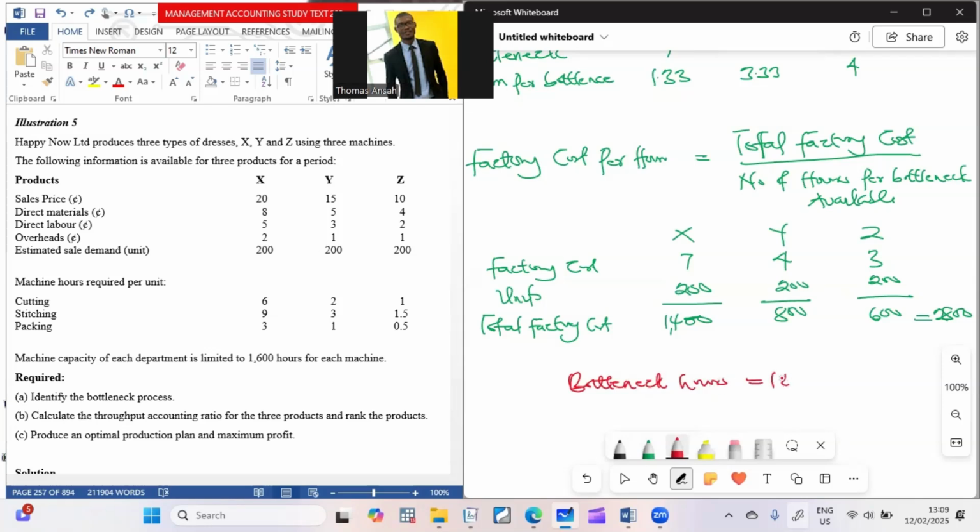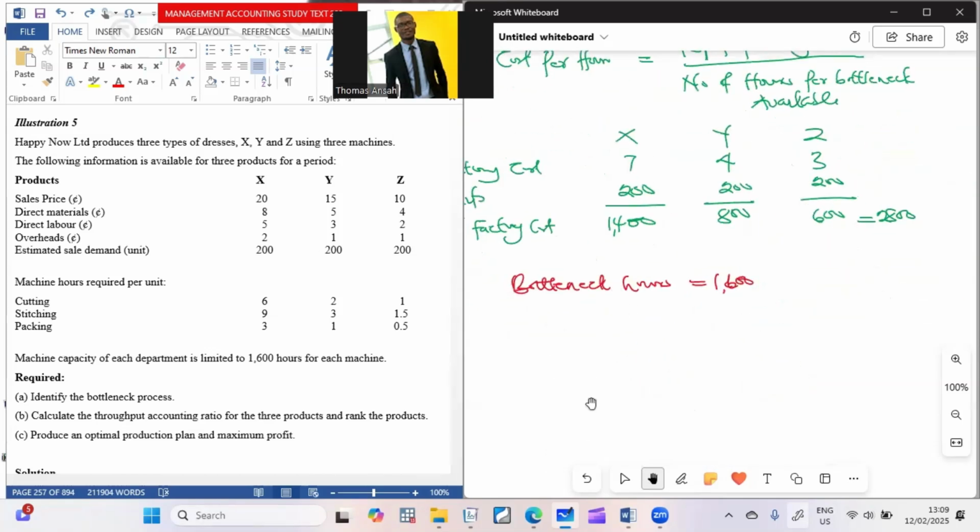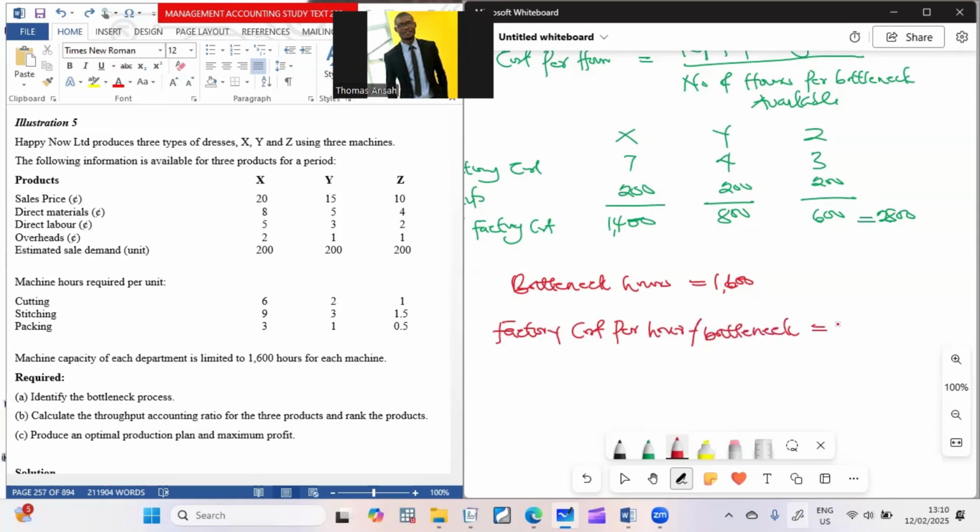is 1,600. And so therefore, the factory cost per hour per bottleneck is going to give me 2,800 divided by 1,600.